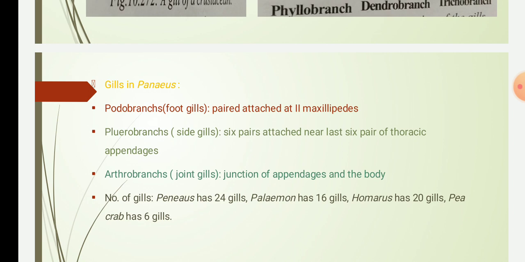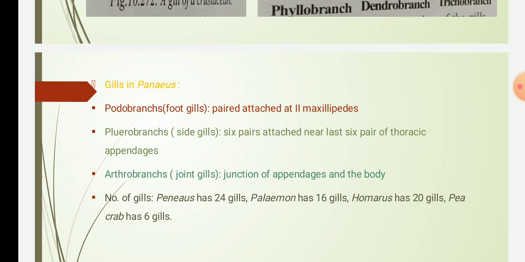The second type is the pleurobranch, also known as the side gills, attached to the lateral wall of the thorax. There are 6 pairs of pleurobranchs attached near the last 6 pairs of thoracic appendages in Penaeus.